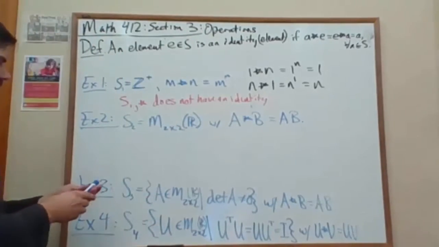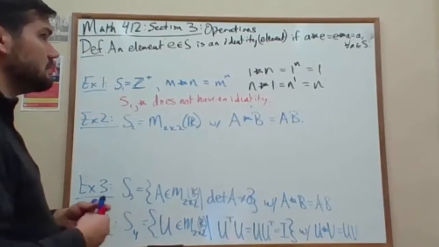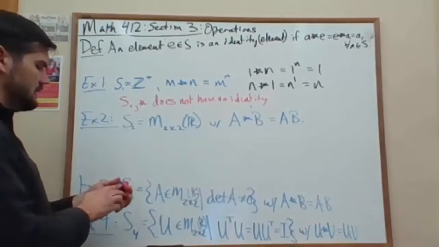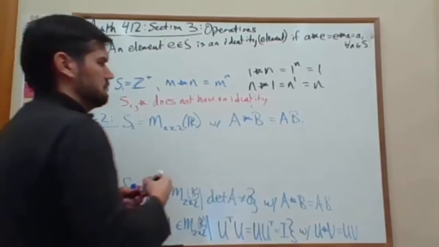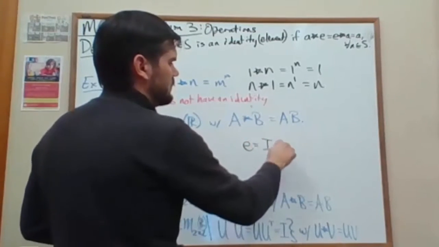Okay. Now, as to matrix multiplication, well, is there an identity element? Yes.